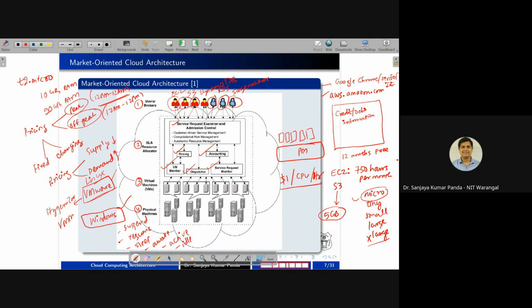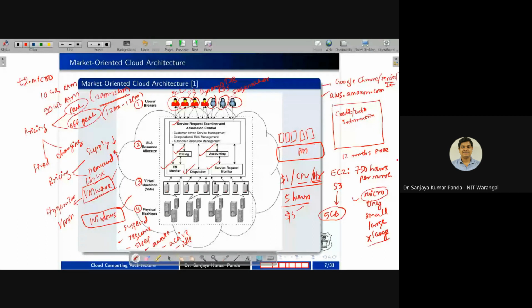Suppose you used it for 5 hours. The accounting unit will say, as you have used one CPU for 5 hours, you have to pay $5. There is a billing dashboard, and that billing dashboard is taken care of by this accounting unit.